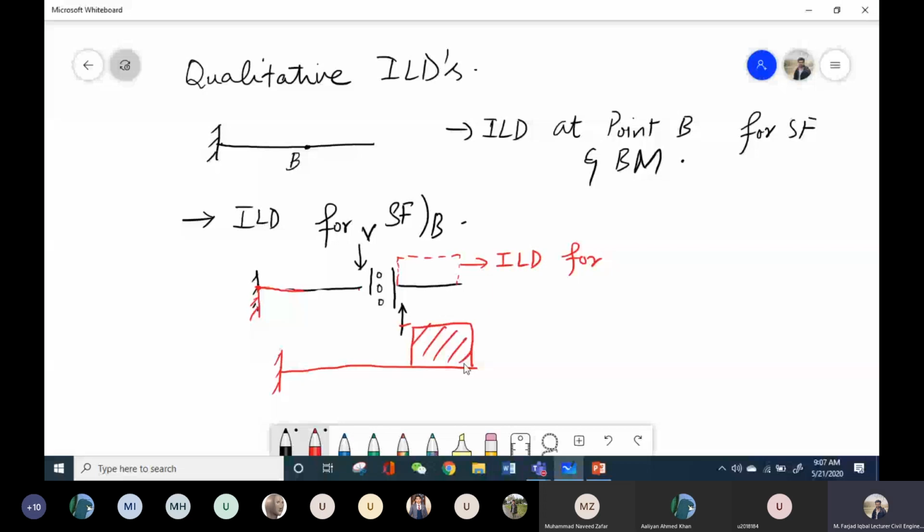Now, can anyone explain why there is no deflection or deformed shape at this end of the beam?